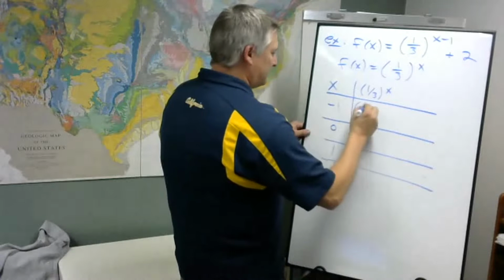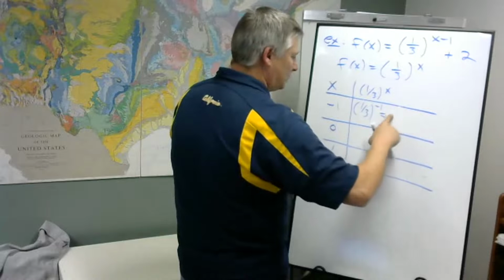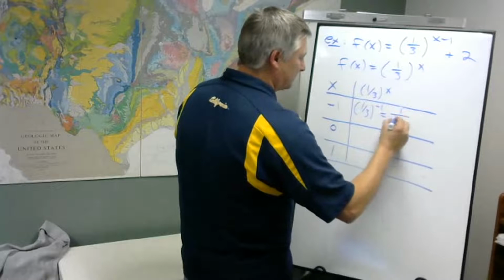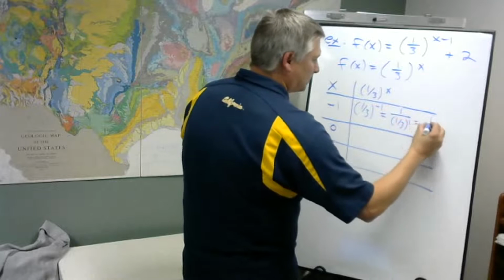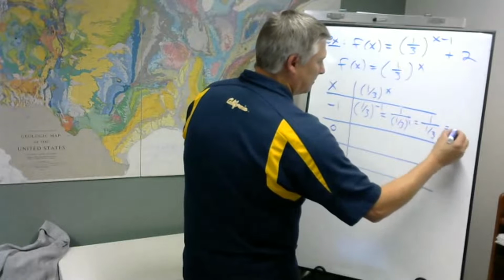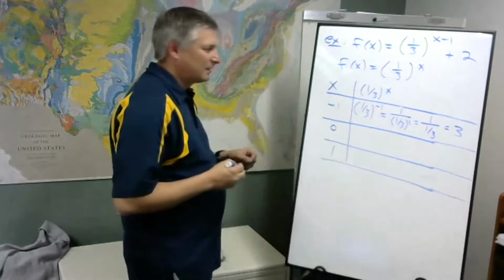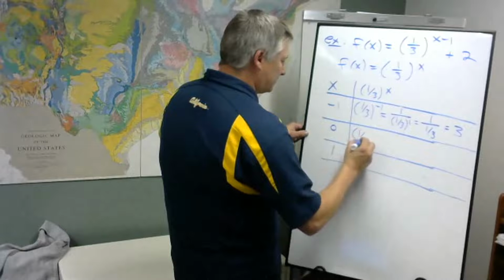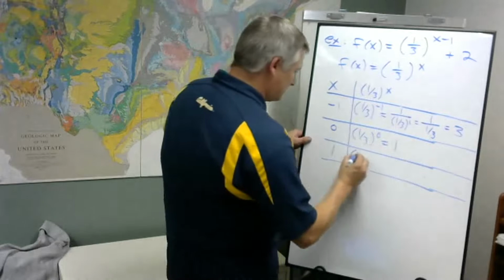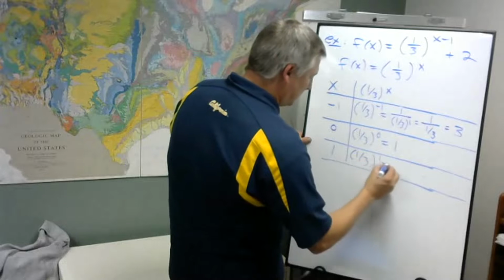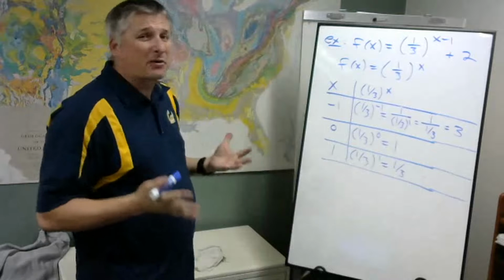So 1/3 to the -1 is going to be 1 over 1/3 to the 1, which is 1 over 1/3, or 3. And then 1/3 to the 0 is 1. 1/3 to the 1 is just 1/3. You'll see a pattern with doing this.